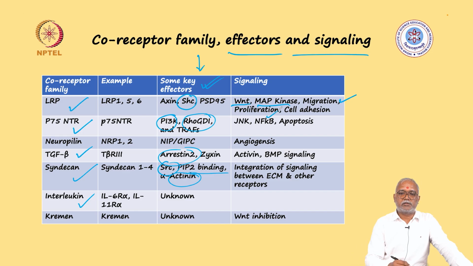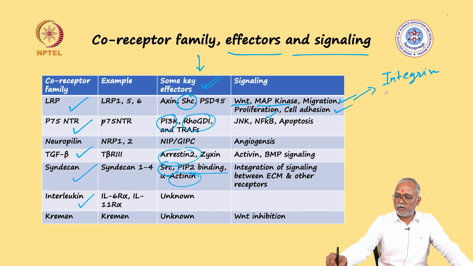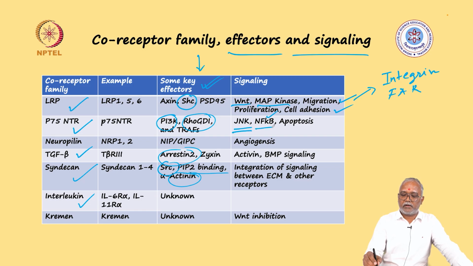Migration, proliferation, and so on, which we saw for receptor tyrosine kinase signaling in multiple cases, or cell adhesion, where we saw how the integrin kind of receptor worked along with the focal adhesion kinases. We also saw examples of JNK or NF-kappa B molecules working, which affect angiogenesis and apoptosis.